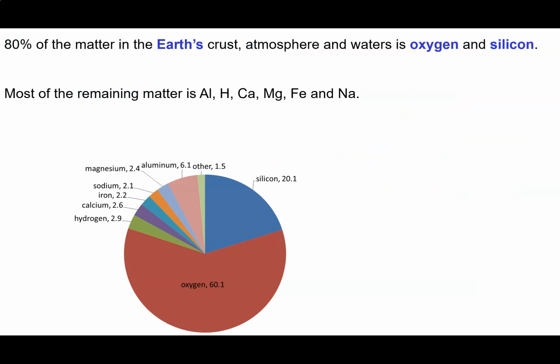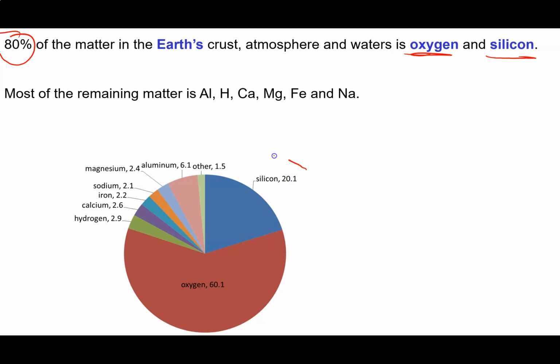Now, the universe as a whole is very different from localized samples of matter like the Earth or us. So, for example, about 80% of the matter in the Earth's crust, atmosphere, and water is oxygen and silicon. So in the space where we live, there's only really two elements present, oxygen and silicon, and then there's what we call trace amounts of other things.